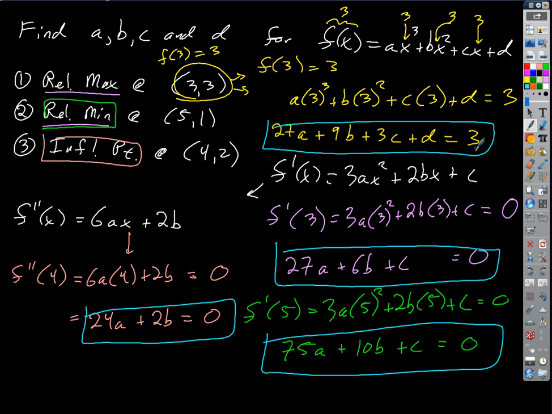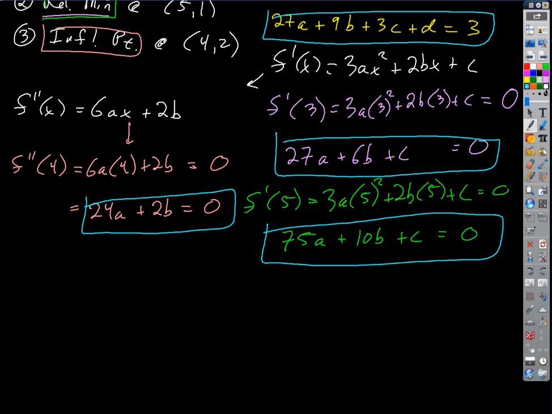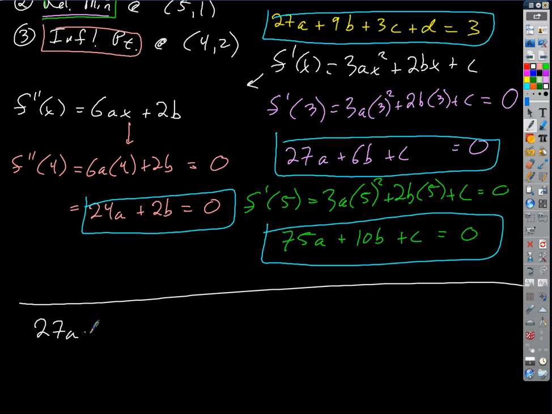So let's look at our linear system. If we deal with all these equations now, let's just collect them all in one place. So our equations are this guy, 27a plus 9b plus 3c plus d equals 3. Now that's written in standard form.